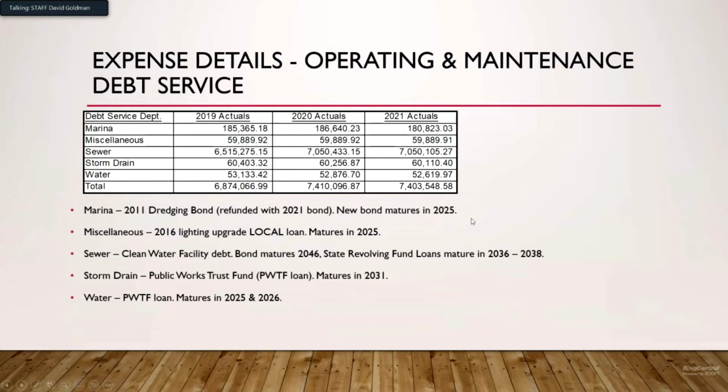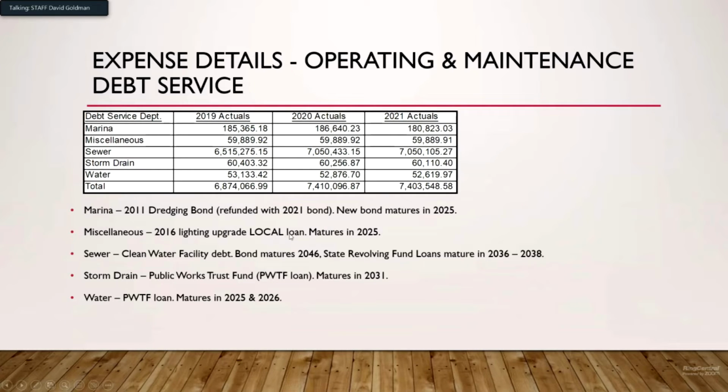And then we'll be looking at possibly a new dredging bond, depending on the direction we go in with the study and everything else we've talked about in the past. The miscellaneous is for the 2016 lighting upgrade. That's the local loan, and that matures in 2025.